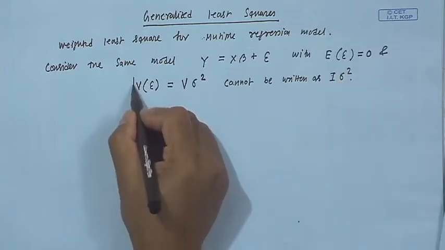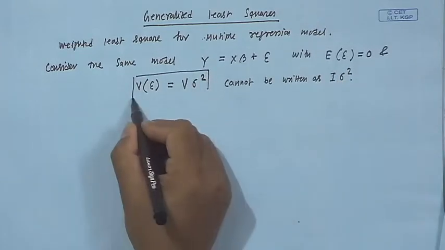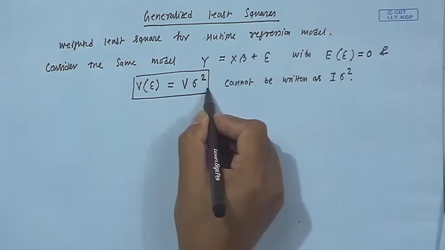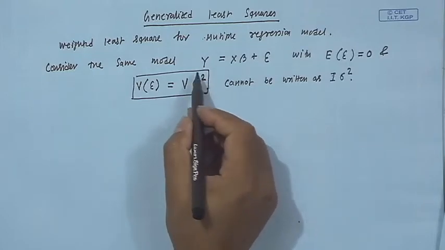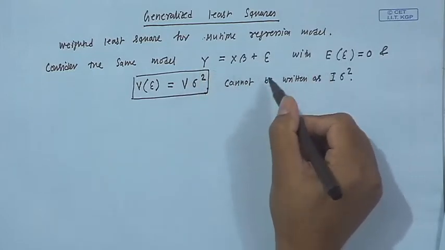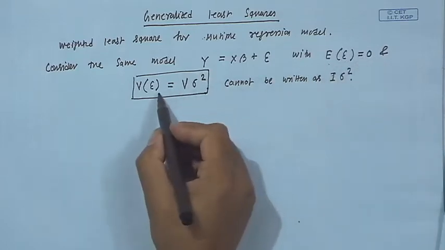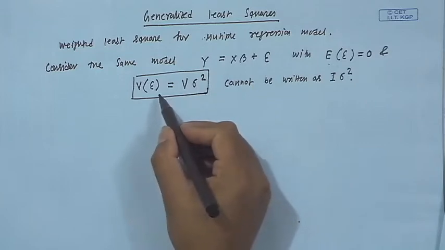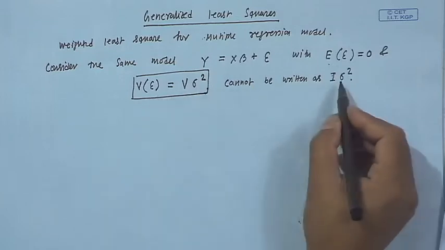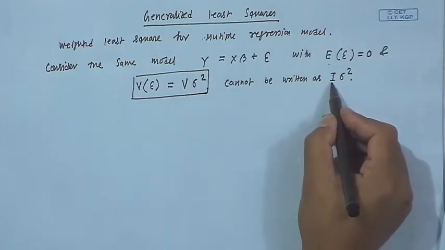So, this is important because whatever we have done before for the multiple linear regression model, we have assumed that expectation of epsilon equal to 0 and variance of epsilon is equal to sigma square I.